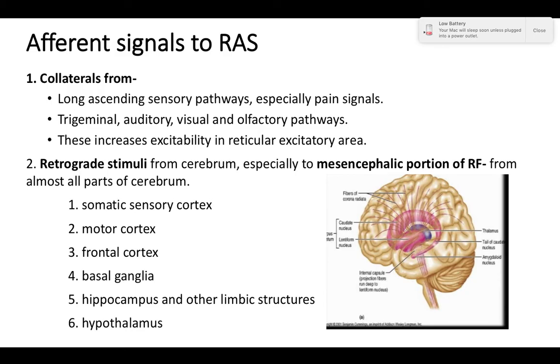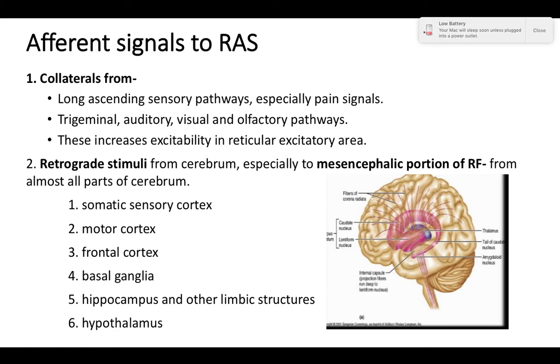As they pass through the brainstem and enter the cortex, they give a collateral to the reticular activating system, so it is quite explanatory that whenever you feel a sensation, for example something very painful, you get aroused because there is a collateral passing to the bulbofacilitatory area, and that is why you are awake and alert as long as the stimuli persist. So that is collaterals coming from the periphery.